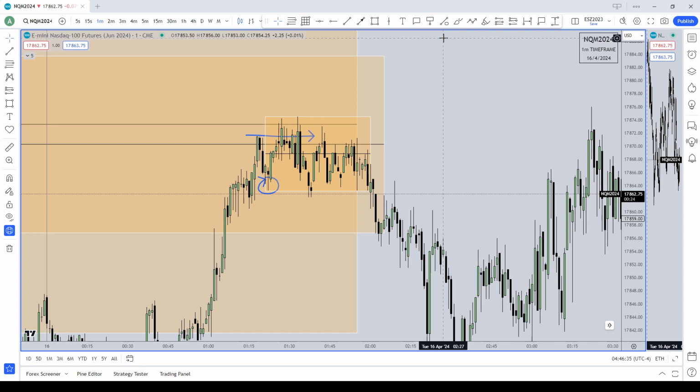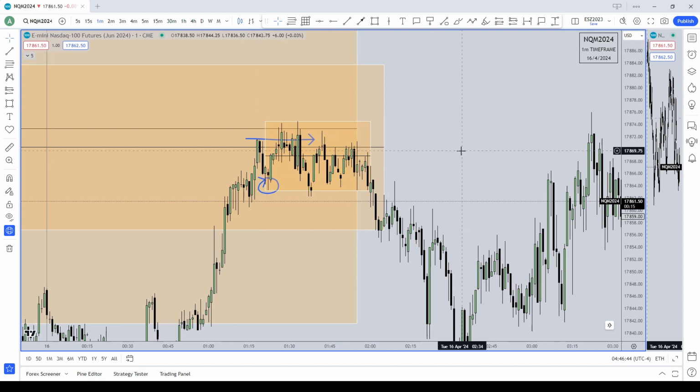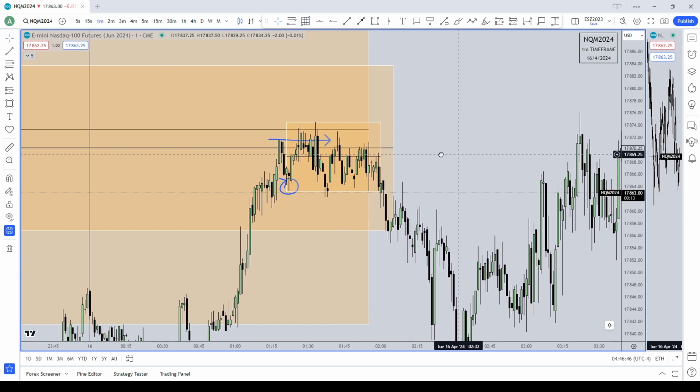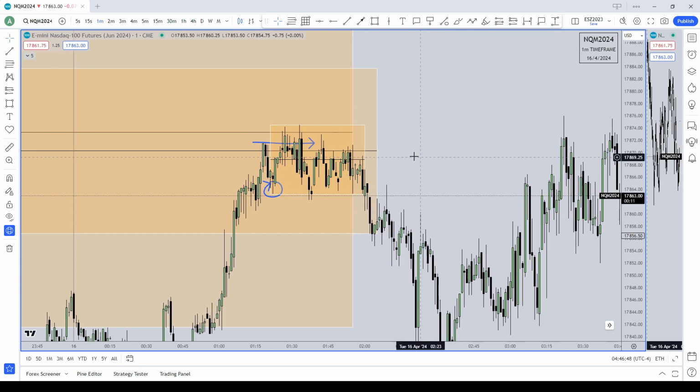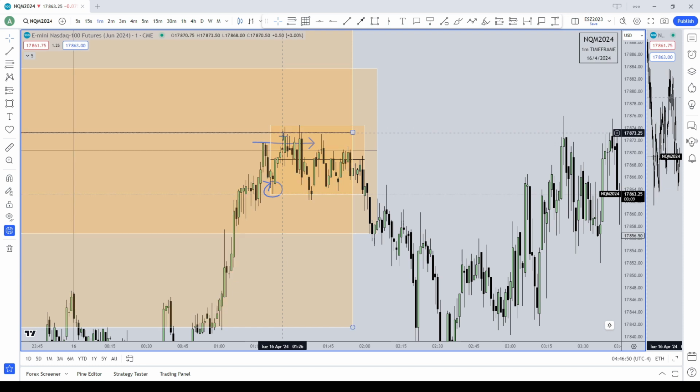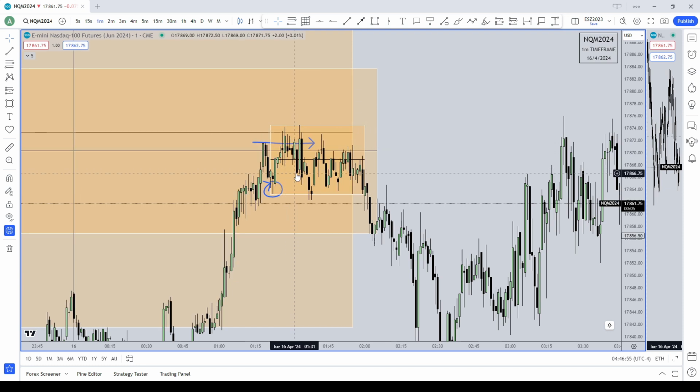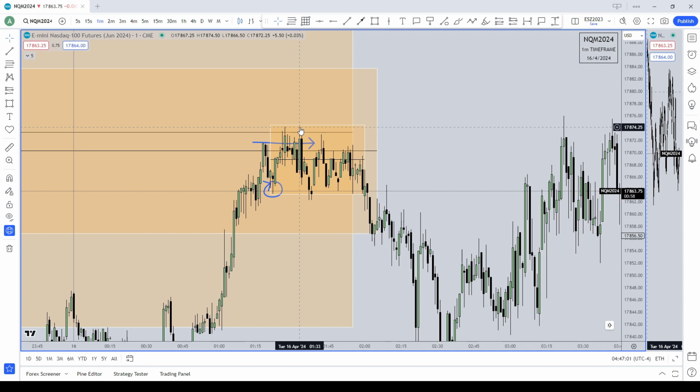Really easily. I'm still looking at that zone. If we closed above and we have a double top here, yeah, maybe from the 2 minute.